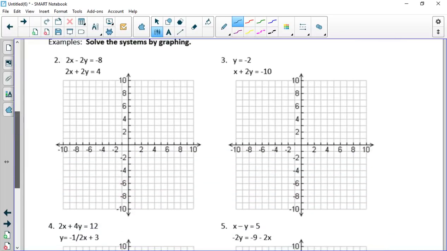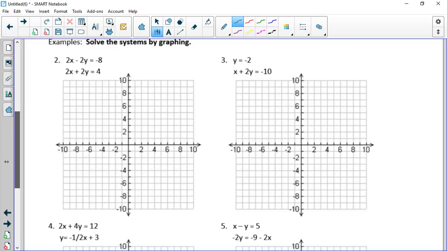So down here, we're going to use the system, whatever system we want, to graph all these lines. Okay? So you can do intercept, y equals form, whatever you want to do. Let's just see what makes the most sense. So 2x minus 2y equals -8.